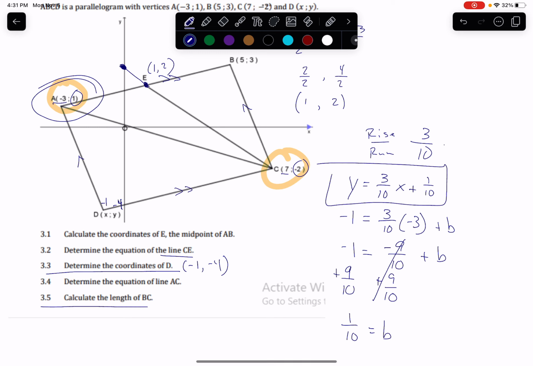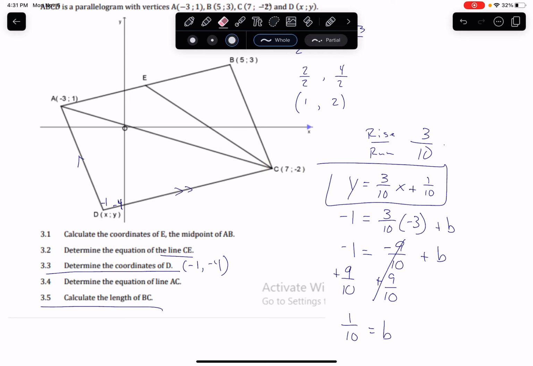And then how long is BC? From B to C. So let's get rid of some of this scribble. Well, if I were to take BC, BC's down here. Almost found the wrong side.